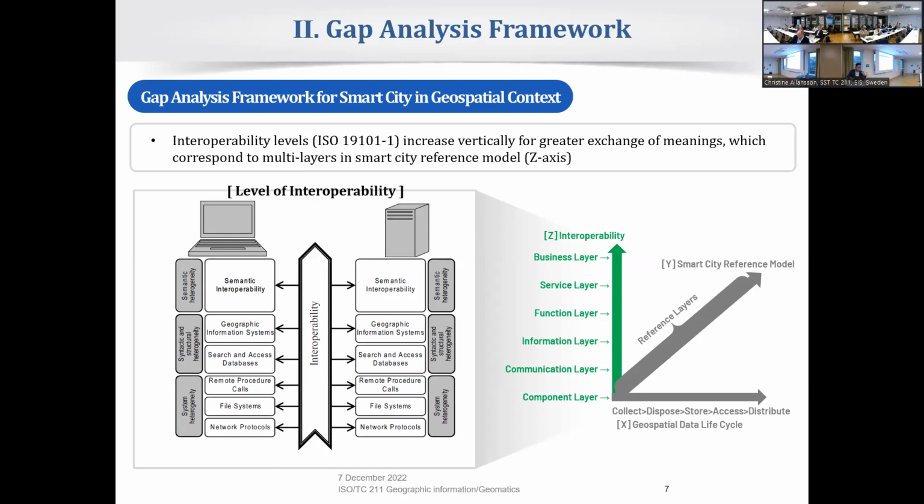I am not exactly using that semantic interoperability level yet. I am basically using the smart grid reference architecture for the levels of interoperability, starting from the component layer to communication and information, function, service, and business layers.